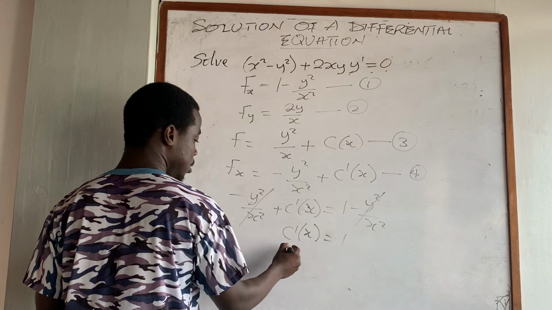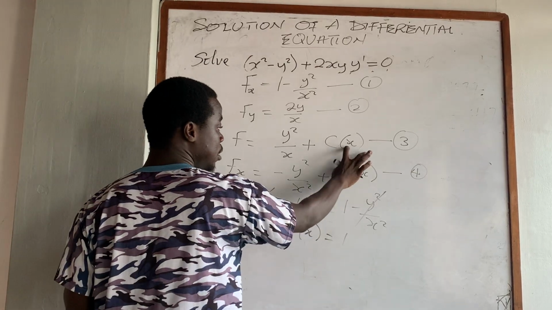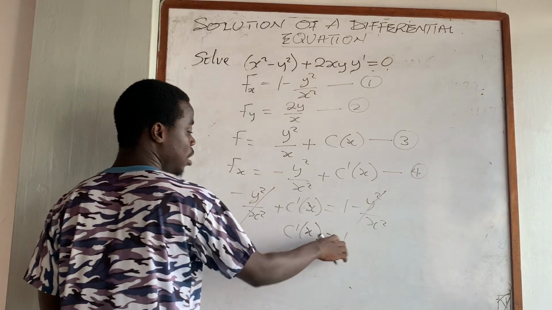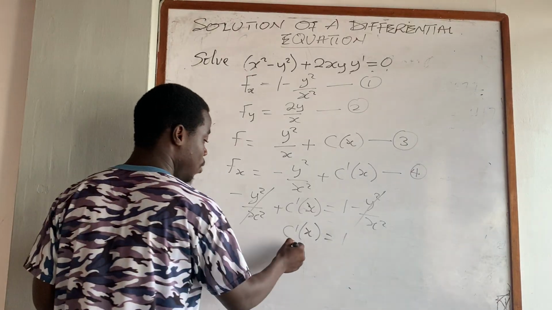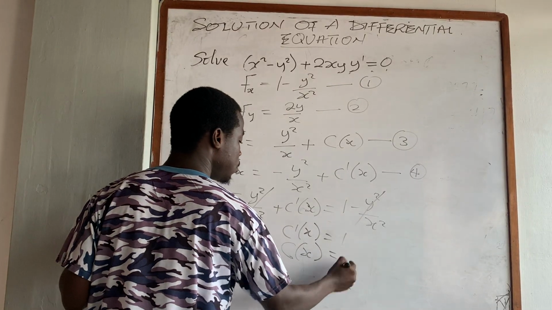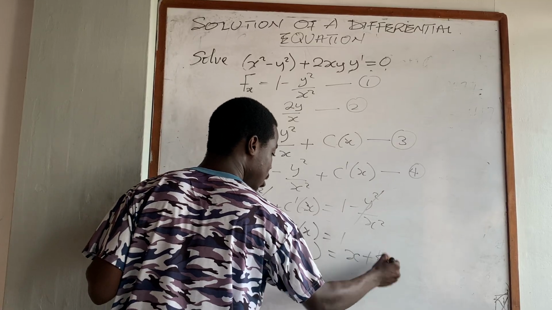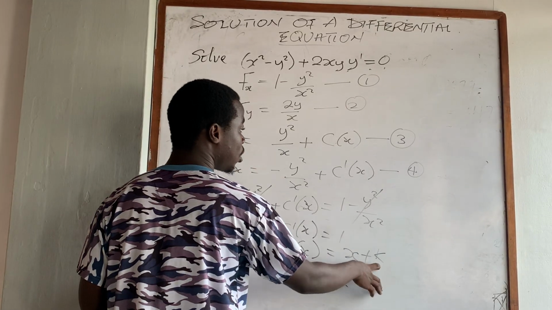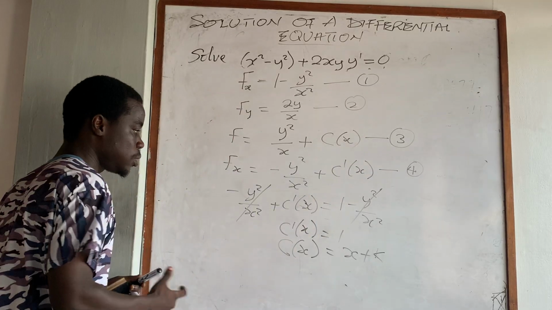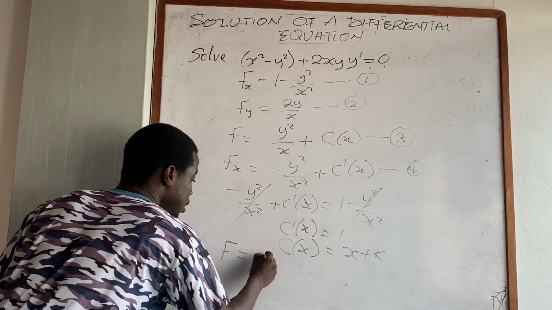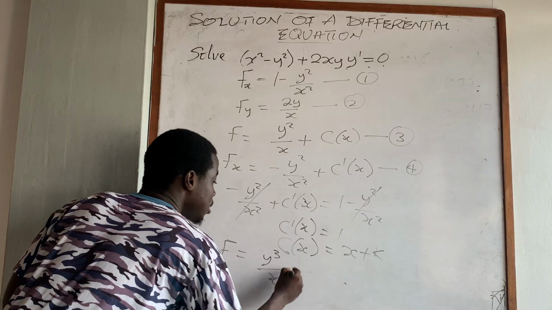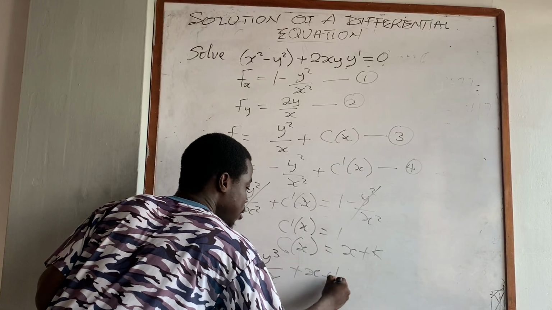Because I want c of x, I have to reverse the process. That means I have to integrate both sides with respect to x, and I will get c of x is equal to x plus k. Then you will substitute this one over here. So let's do that and see. If we do that, we will get y squared over x plus x plus k.